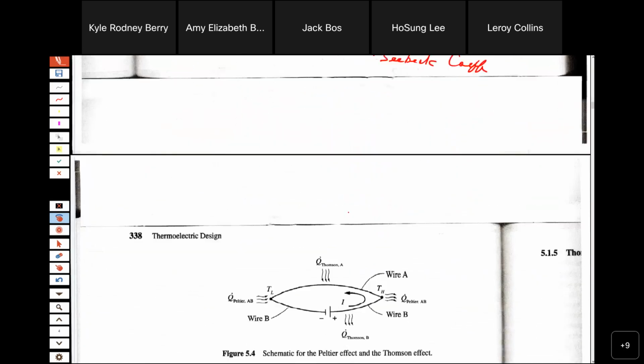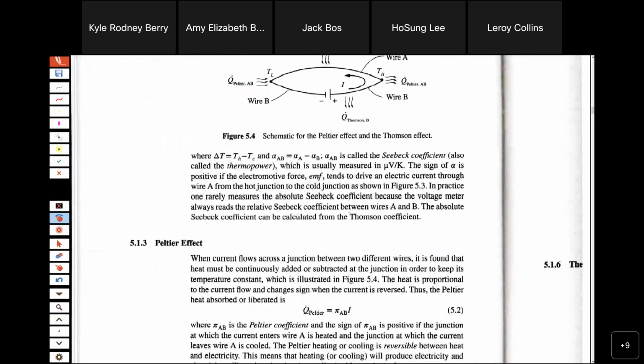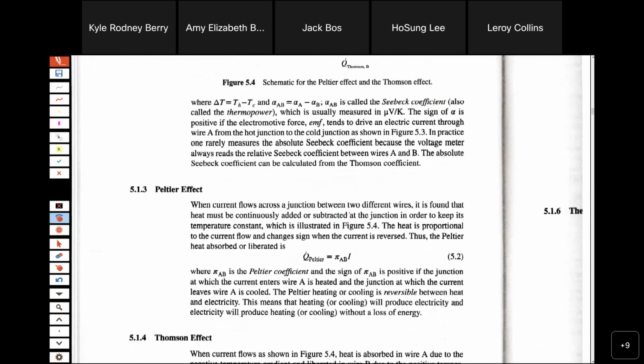But about 20 years later, Peltier discovered that if there is a current, there is a heat flow. At that time, this was so weird.